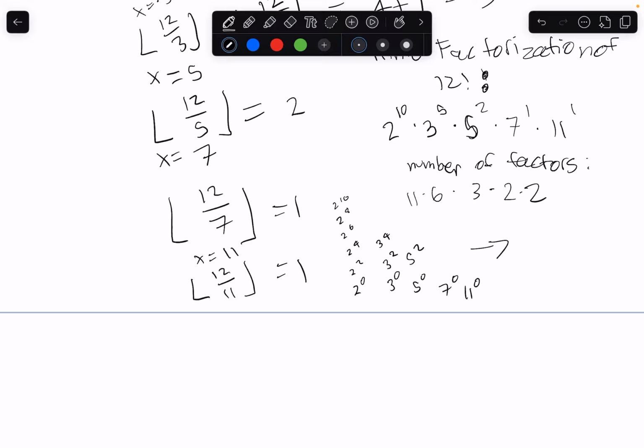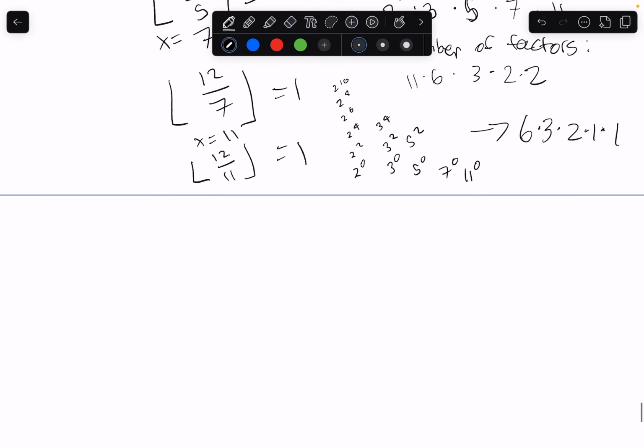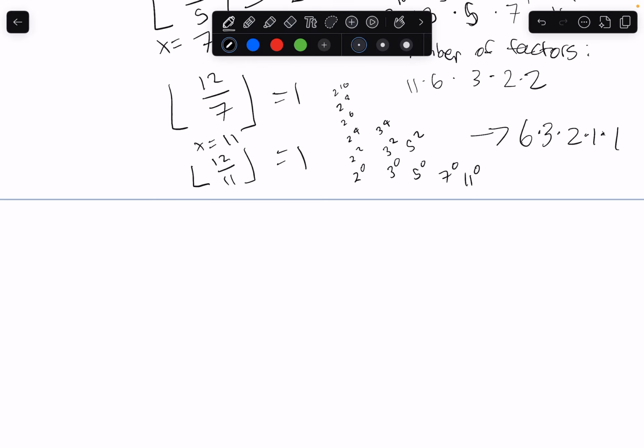So here we have 6 for the 2's, 3 for the 3's, 2 for the 5's, and 1 each for 7 and 11. Our probability is the number of perfect square factors over all of the factors.